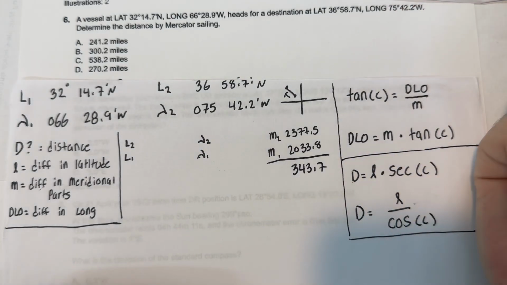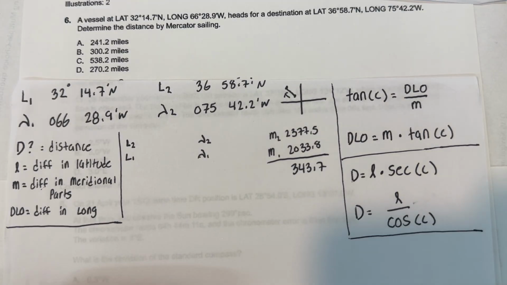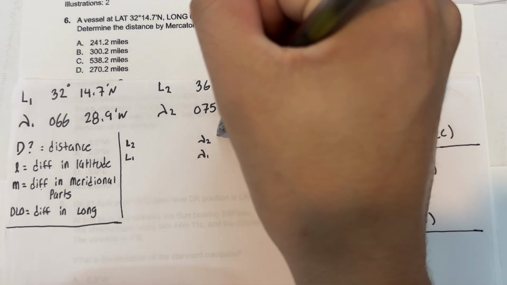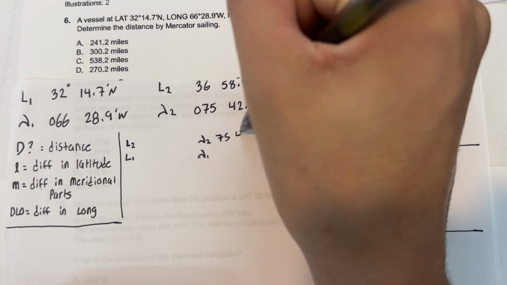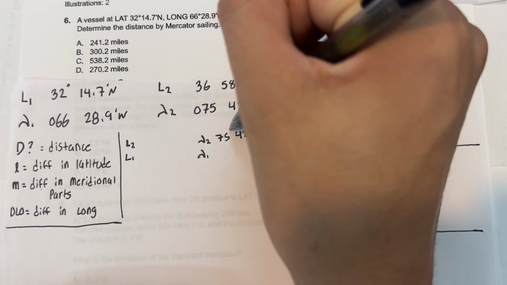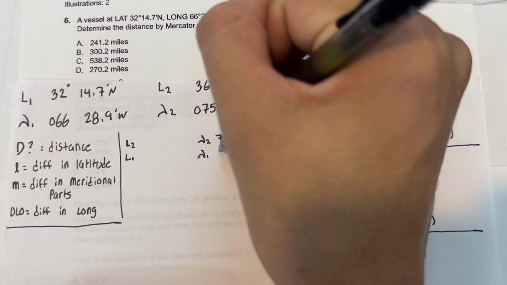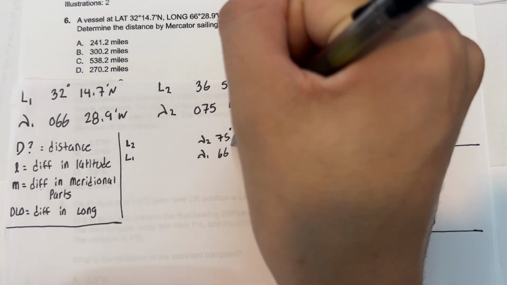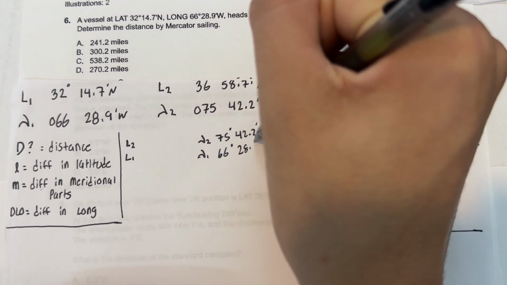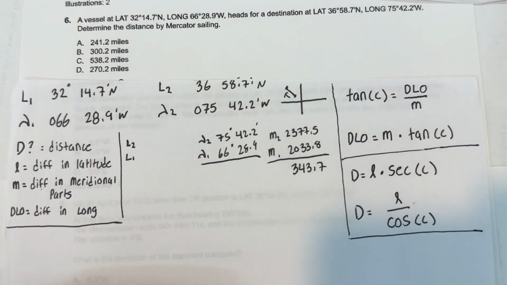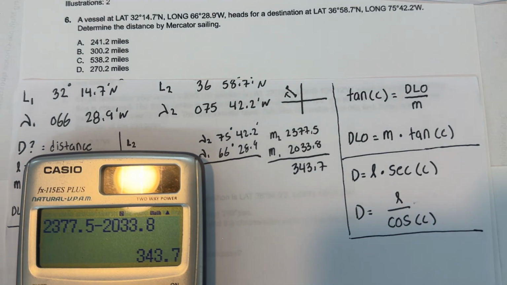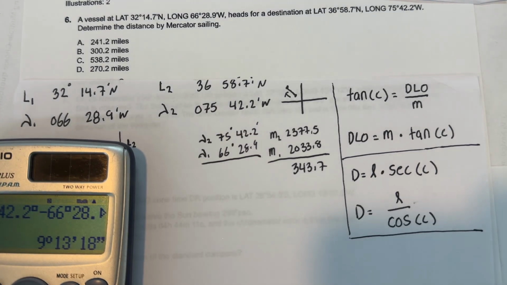The other things that we need to enter into these formulas are your difference in longitude and your difference in latitude. Pretty easy. We'll find the difference in longitude: 9 degrees, 13.3 minutes.